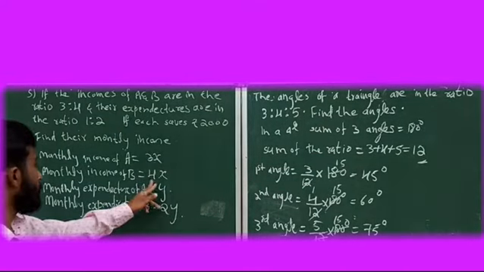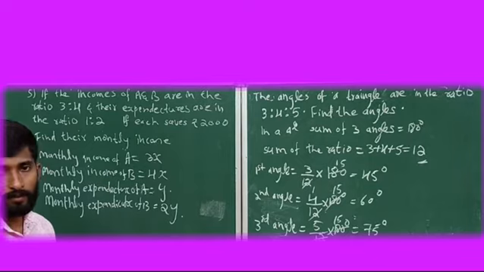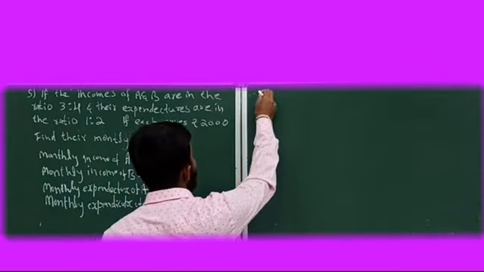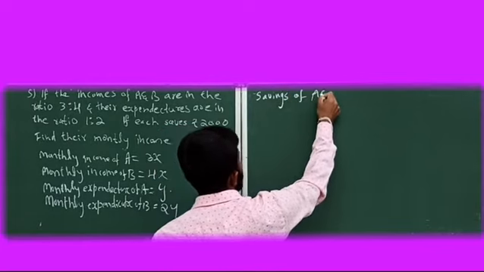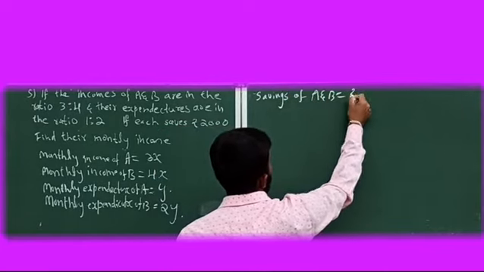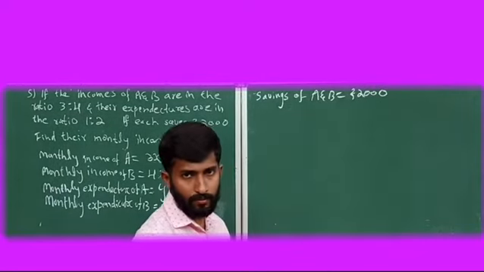Now see, incomes are there, expenditures are there. Now savings given, so rupees 2000, right? Savings of A and B is equal to rupees 2000. That means each one saves rupees 2000.